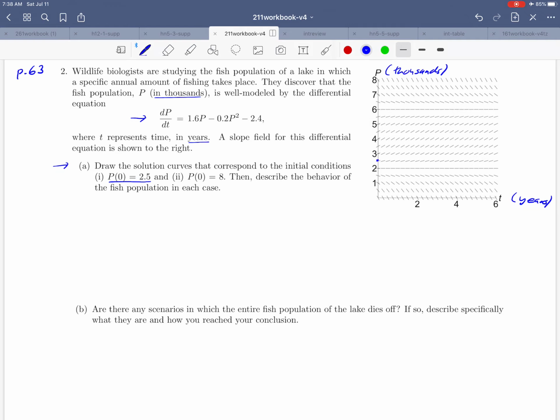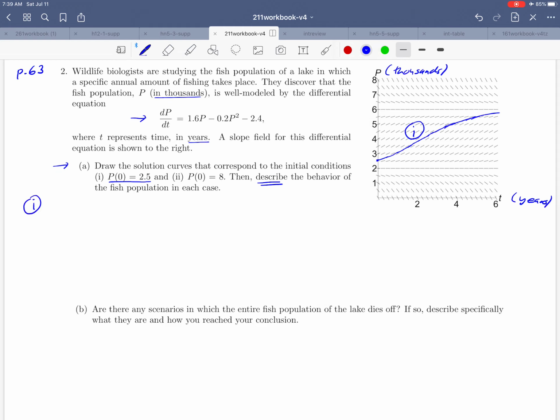If we do our best to follow the lines in our slope field and draw in our curve, we're going to start with a positive slope. The steepness is going to increase for a while, and then as we get over here, it looks like the slope is decreasing. So we're getting a population curve that looks like that. How would you describe the way the population is behaving?